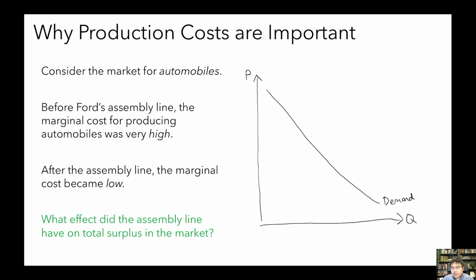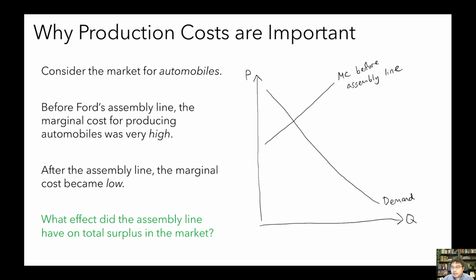And where do we draw the supply curve? Well, remember, we can think of the supply curve as the industry marginal cost curve. So before the assembly line, marginal costs were very high. So the supply curve should be something like this, way up here. So this would be marginal cost before the assembly line. Okay?